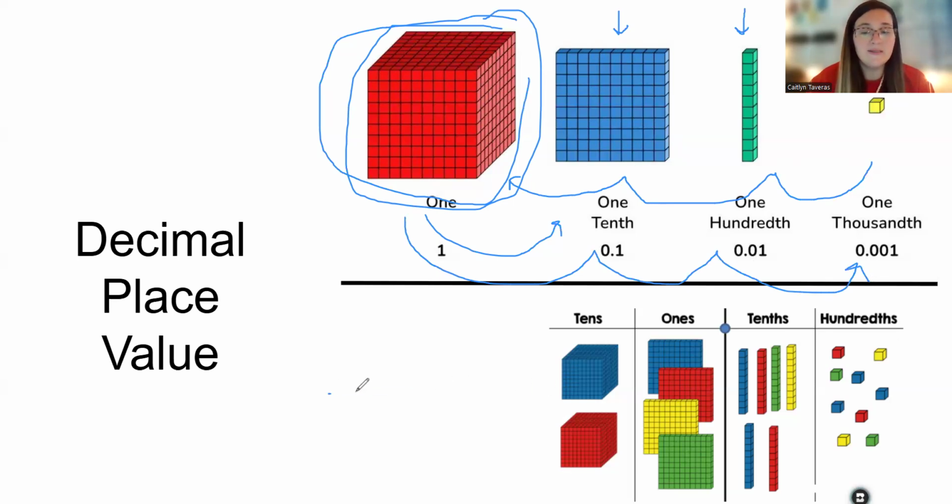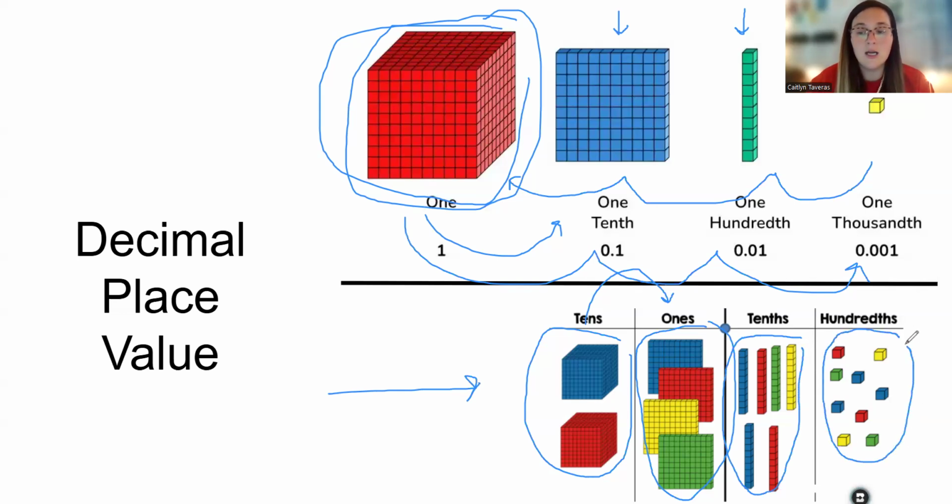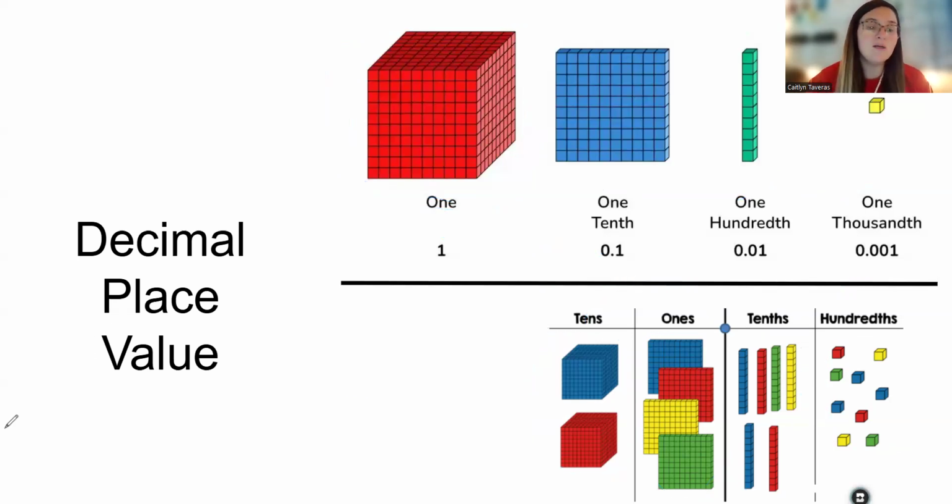So for example, on this bottom representation, we're showing that the big cube is equal to the tens place, whereas as we move over, 10 times less are the flats that are in the ones place, and the rods are 10 times less that are in the tenths place, and the small cubes are 10 times less in the hundredths place. Now, one thing you're hearing me say a lot right now is 10 times greater or 10 times less. Let me explain why.